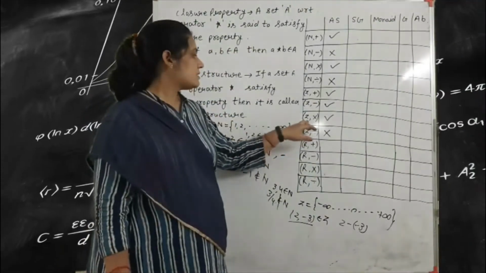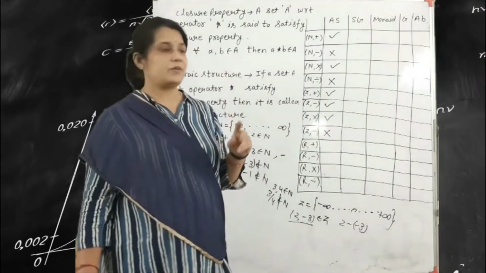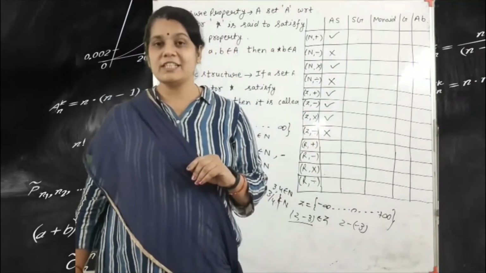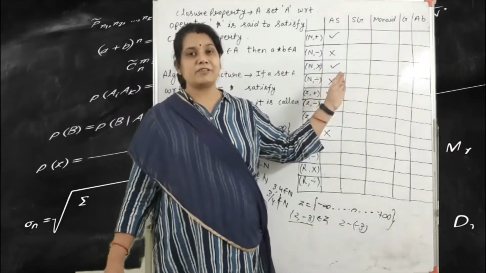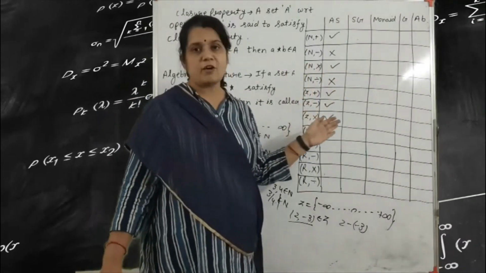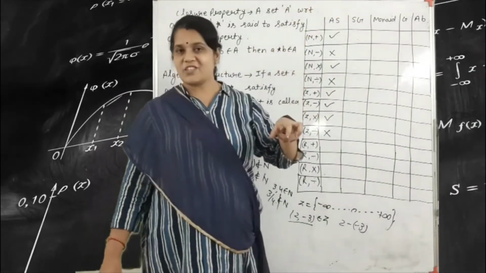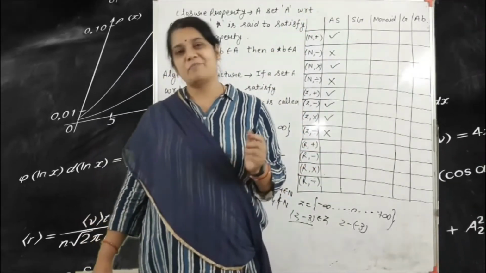Z divide does not satisfy the closure property, so this is not an algebraic structure. Got it? This is a very easy process for the different types of sets and operators, and with the help of this set and operator we understand very easily whether this is an algebraic structure or cyclic group or monoid or group or the abelian group.